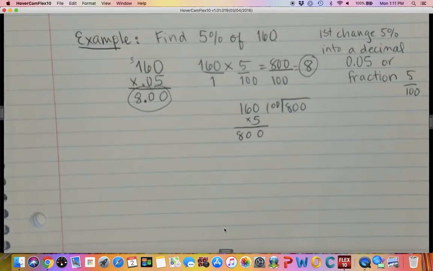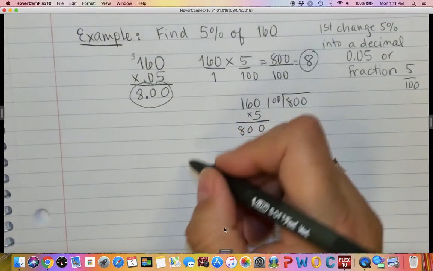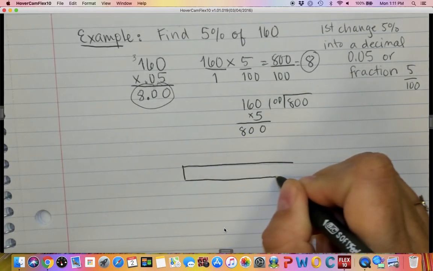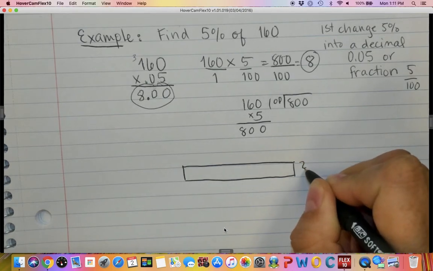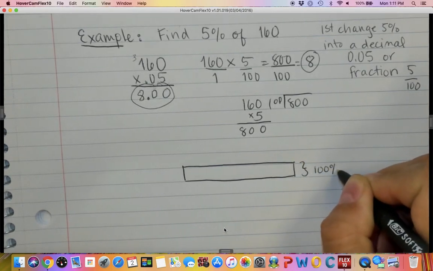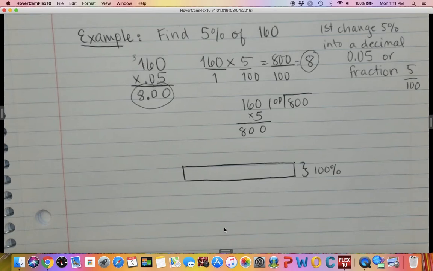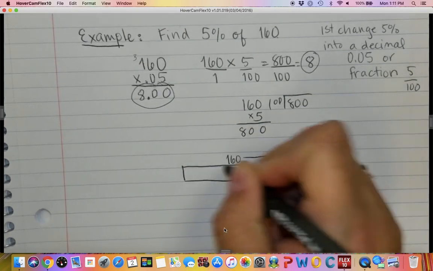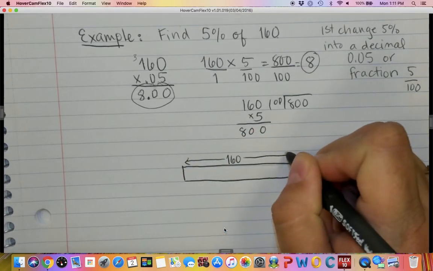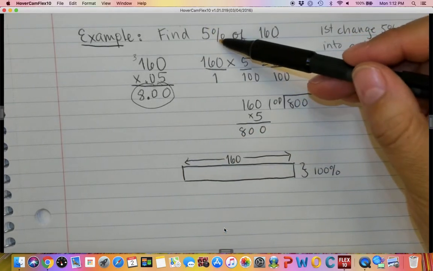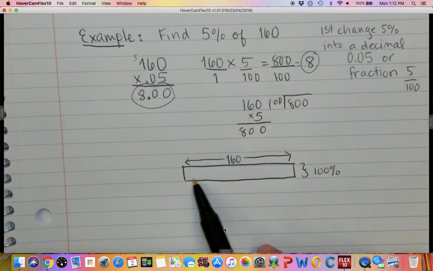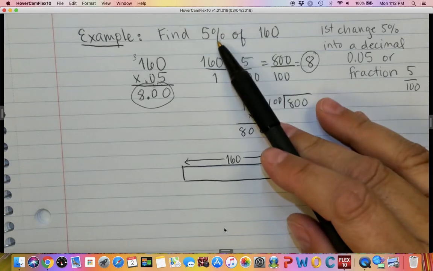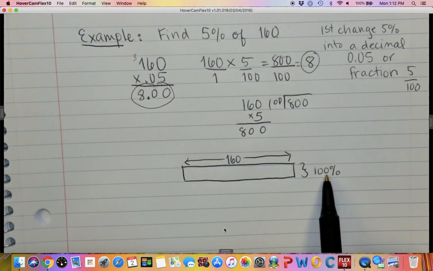If I were to draw my bar model, I would draw this bar, meaning that it's 100%, but it is also worth 160. And since I'm looking for 5s, I would divide this up by 5s till I get to 100. I could also do it by 10s till I get to 100.